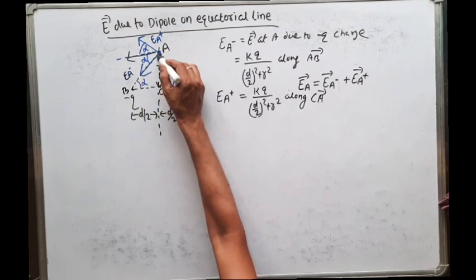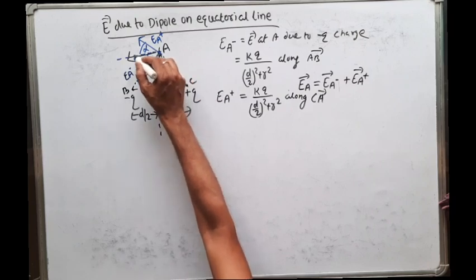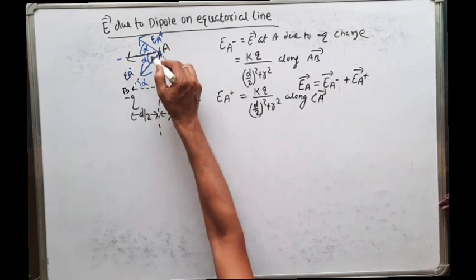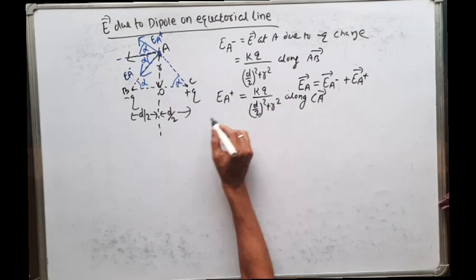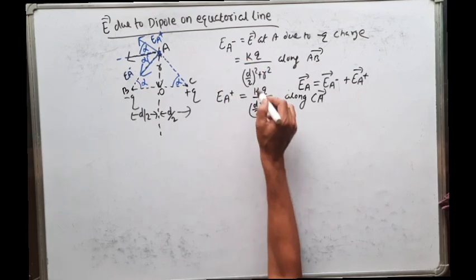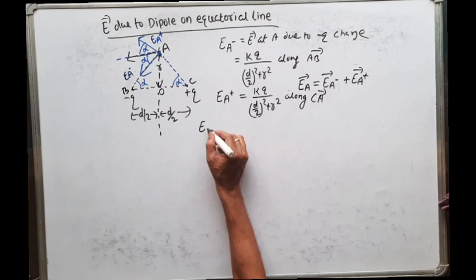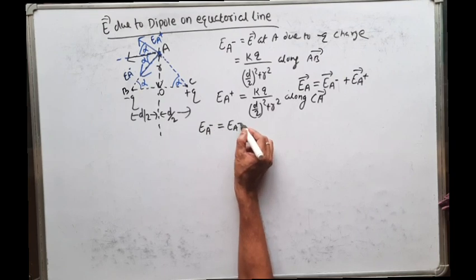And what is the x component of this EA minus vector? Again EA minus cos alpha. So both x components will lie along this direction. And you see here the magnitude of EA minus and the magnitude of EA plus are both the same. So I can write EA minus is equal to EA plus.